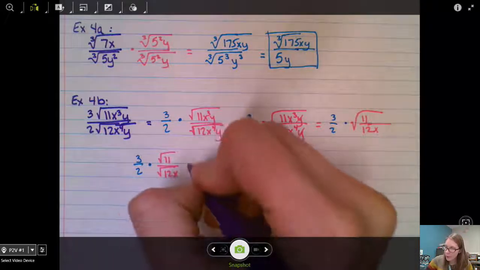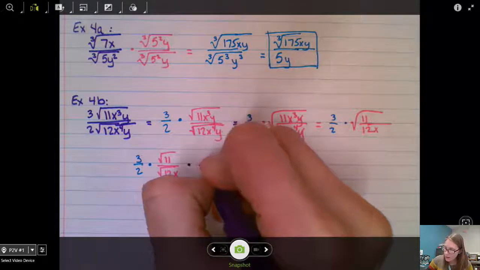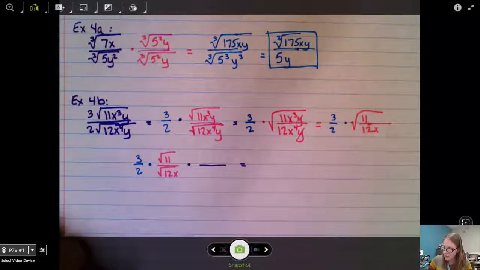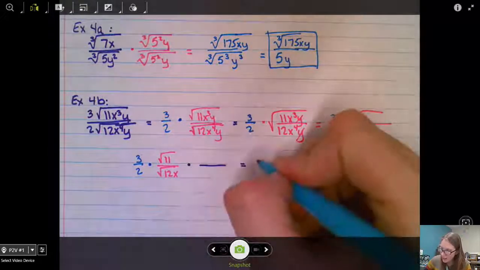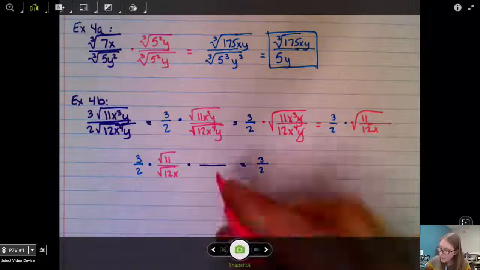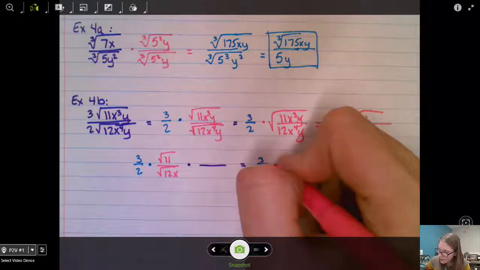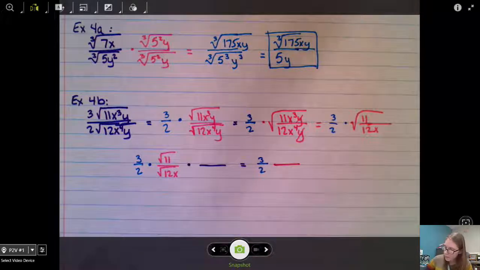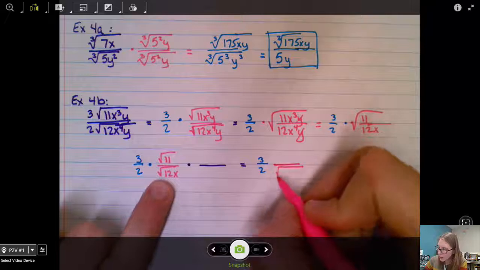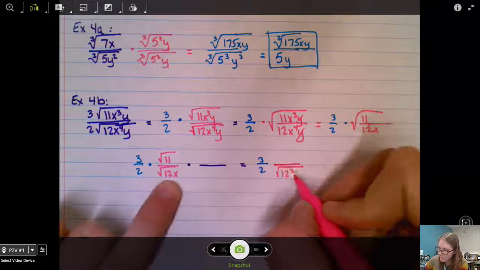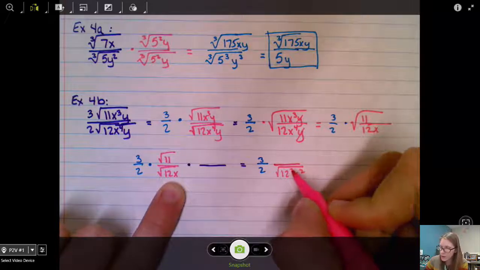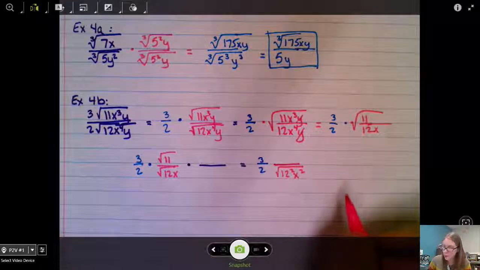So I need to figure out what do I need to multiply by so that on the bottom, and I'm going to keep my 3 over 2 here, so that on the bottom I have the square root of 12 squared x squared, because I want each of these exponents to be a multiple of 2 since it's a square root.